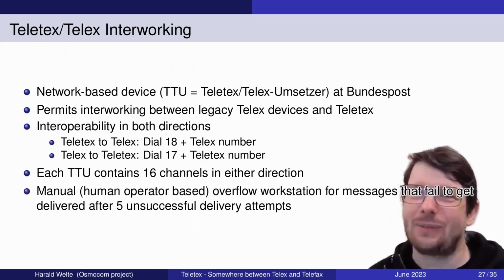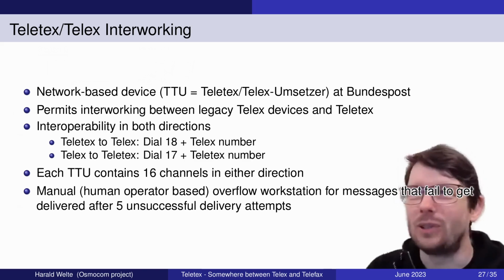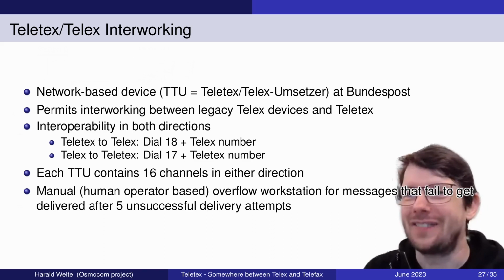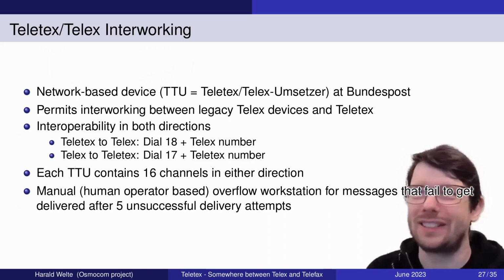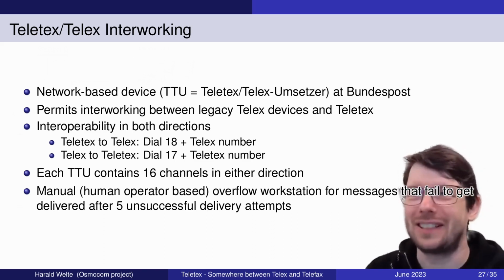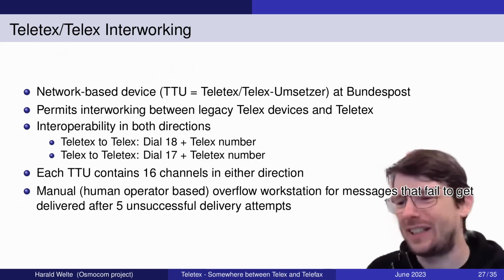And what I found most interesting is that there was a manual human operator-based overflow workstation. So in case a message doesn't get delivered after 5 unsuccessful delivery attempts, then it would end up on the desk of the overflow workstation, and then the human operator could retry at a later point in time. I didn't yet see any documentation how this looked.